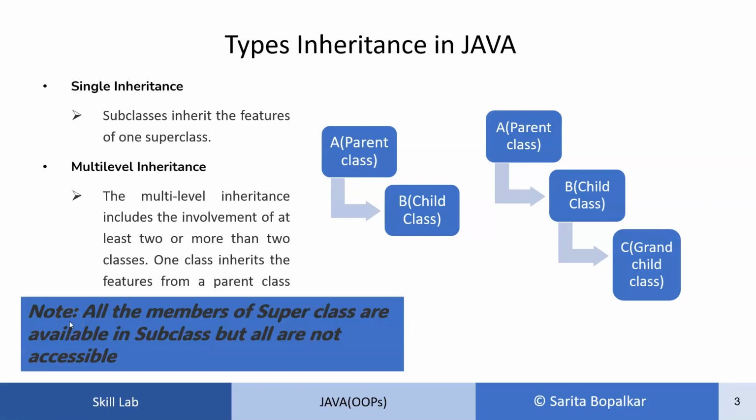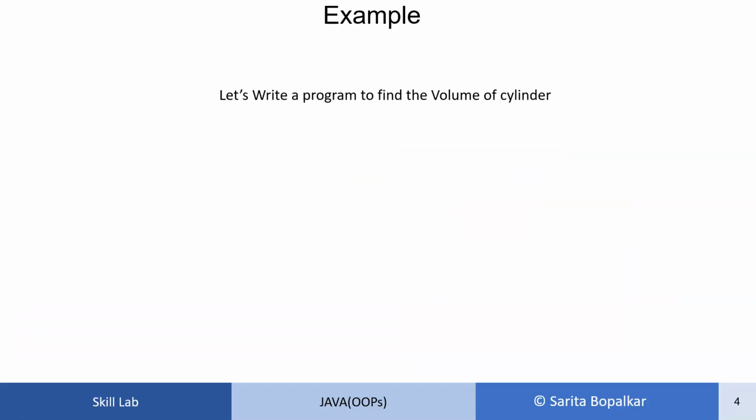Now always remember that all the members of a superclass are available in a subclass, but not all are accessible. All the members and methods we can acquire in the subclass, but we cannot change its parameters. Now let's understand this inheritance concept with an example.